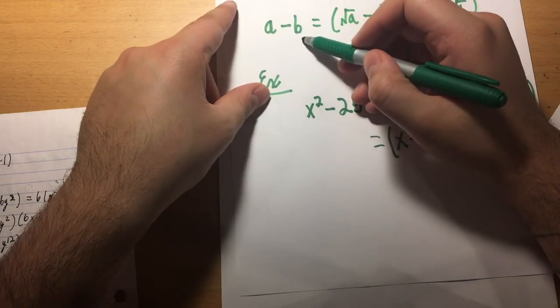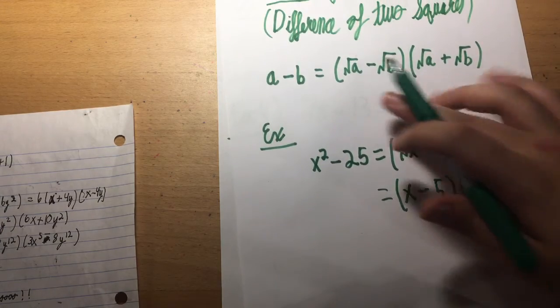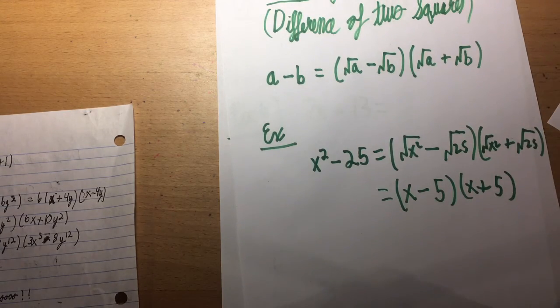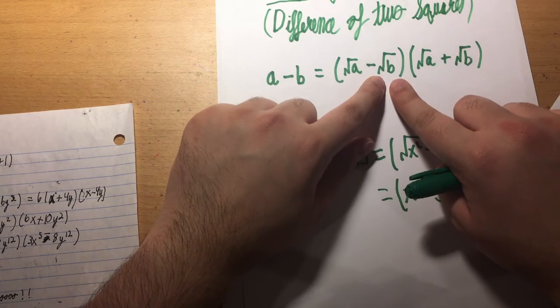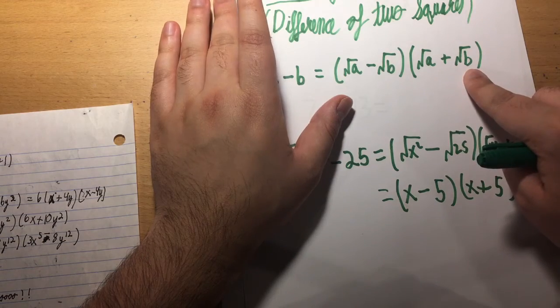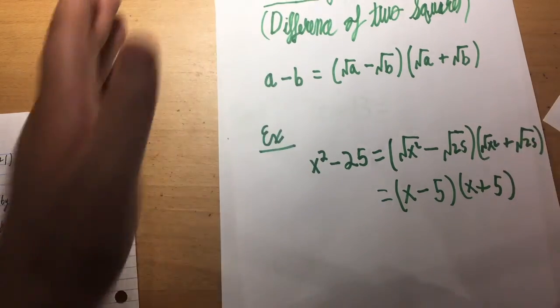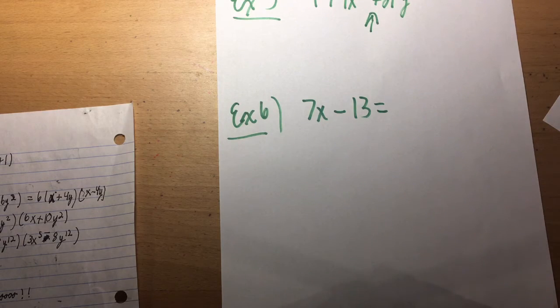If you have a minus b, where a and b are any two numbers, then you can write it in this way: square root of the first thing minus square root of the second thing times square root of the first thing plus square root of the second thing. The only thing is, it's really only useful when you're dealing with perfect squares, especially if you're in Algebra 1 or something like that.